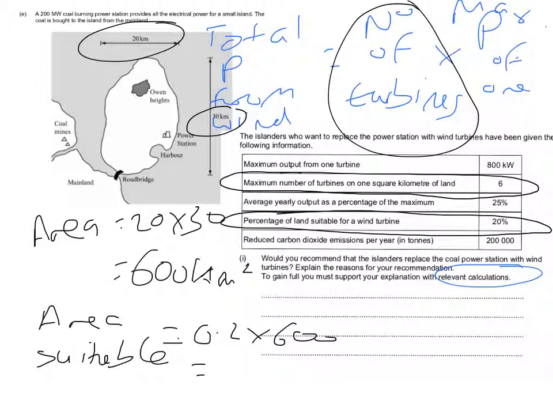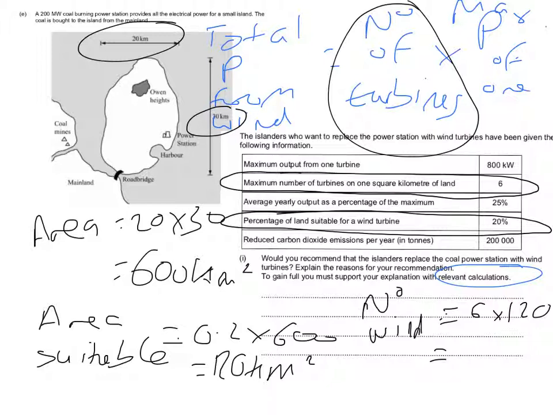That's going to give us an answer of 120 kilometres squared. Okay, and that's the area suitable. Now I want to know the number of wind turbines. And there, we're going to use this bit, let me highlight it again. You get 6 on 1 square kilometre of land. Well, we've got 120, so we're going to do 6 times 120.